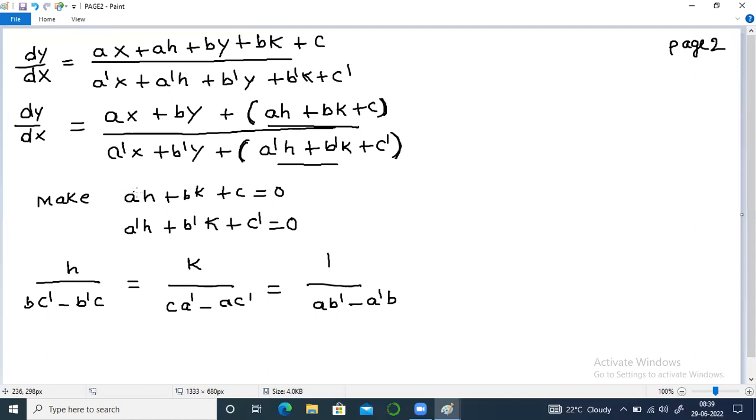Like what I'm doing, actually cross terms I'm taking. So by using this set of equations, you can calculate h, k.